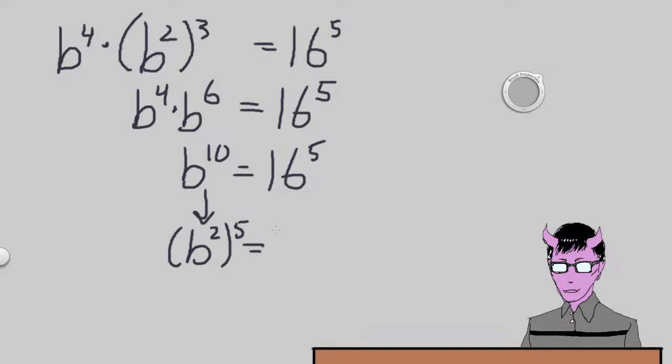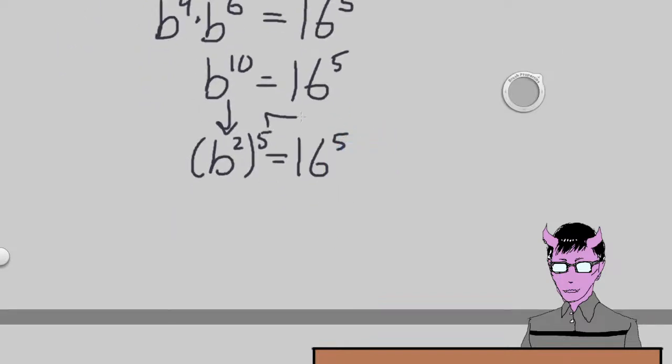And this is 16 to the power of 5. There we go. We have now successfully matched the exponents. They are odd exponents. So therefore the argument of the fifth power is b squared, argument number 1, and argument number 2 is 16.